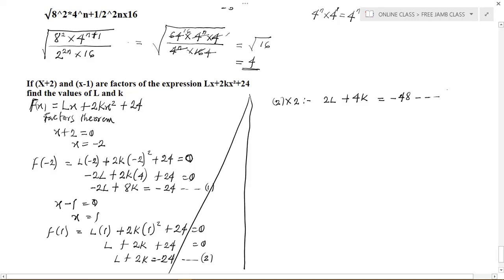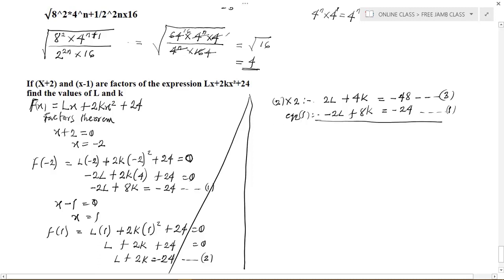That's equation 3. Let's take equation 1 back to that place. Equation 1 is minus 2L plus 8k equals minus 24.